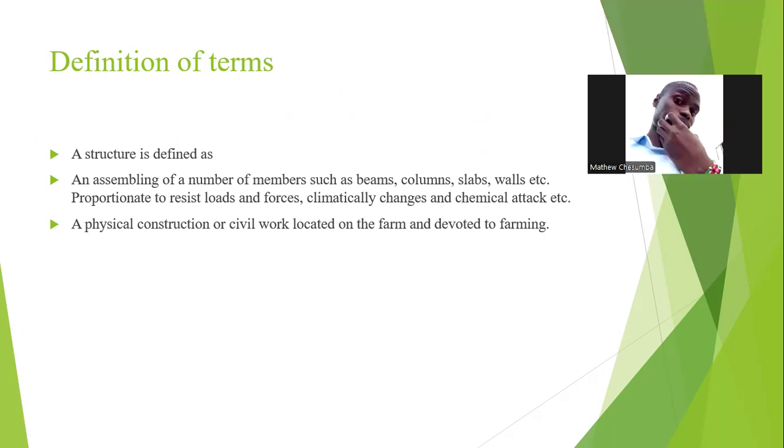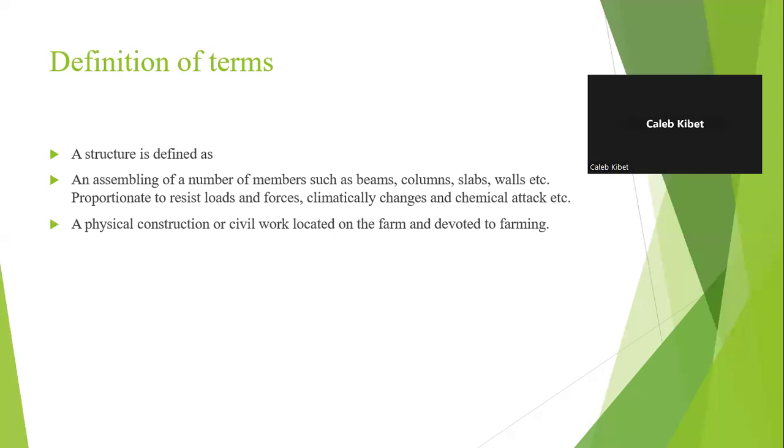Okay, that is a nice definition. Anyone with another definition? Yes, Caleb Kibet. I think a structure is a physical construction or a civil work located on a farm or devoted to farming.